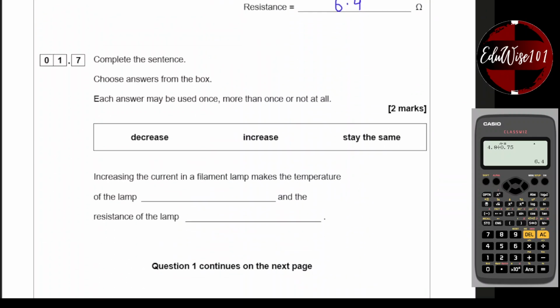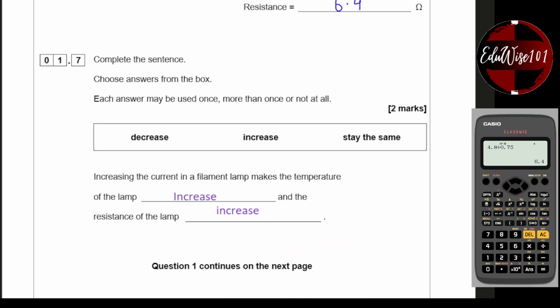Question 1.7. Complete the sentence. Choose the answers from the box. Each answer may be used once, more than once, or not at all. So you have the words decrease, increase, and stay the same. Increasing the current in a filament lamp makes the temperature of the lamp increase, and the resistance of the lamp to increase as well.